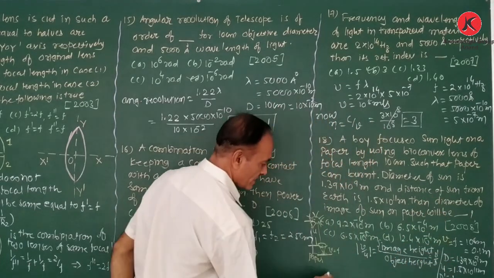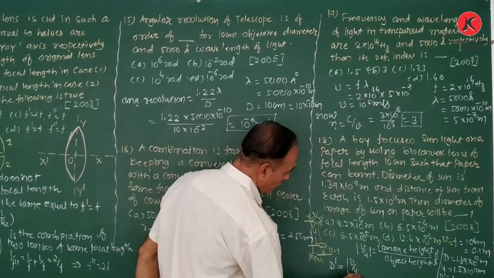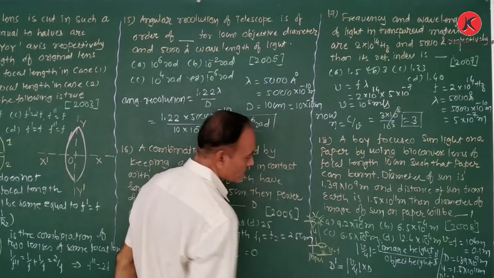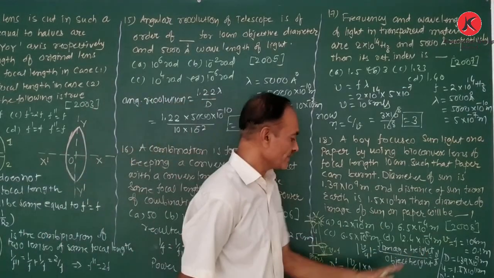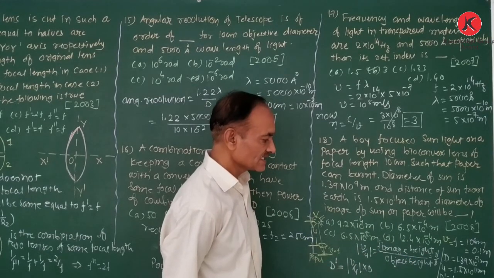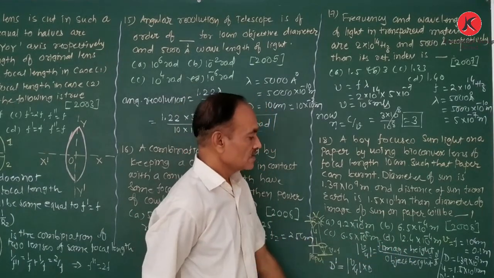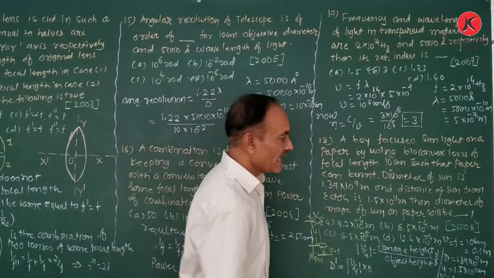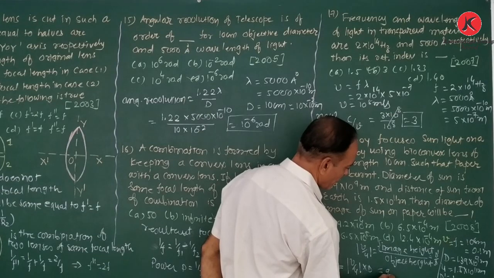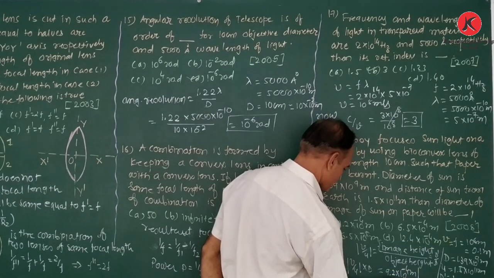Therefore, d dash is equal to V upon U into d. V is given 0.1, U is given, and the diameter of the sun is also given. So we can find the diameter of the image as 9.2 × 10^-4 meter.